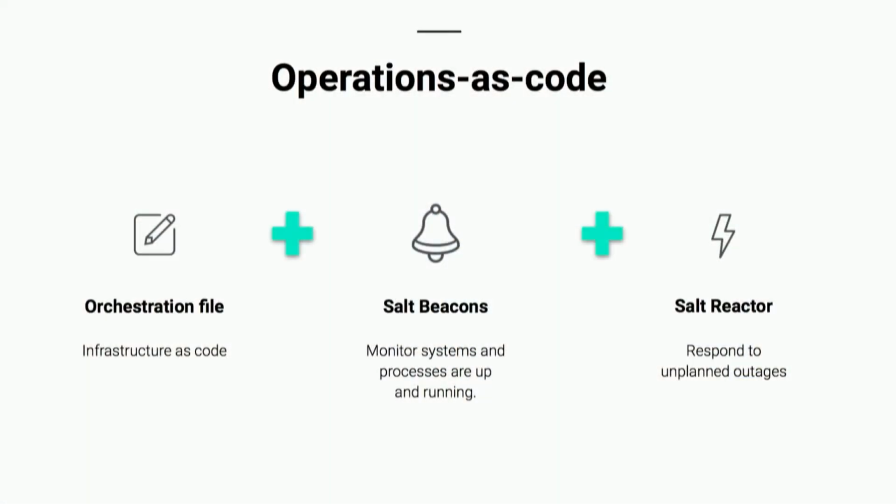If you've never heard of Salt beacons, it's a way for you to monitor processes and files on any asset that has a minion installed. So if you have a minion installed, you can configure beacons to generate an alert when something like, for example, Redis stopped. You could have it generate an alert. It goes back to the event bus, and you can do something about it, right?